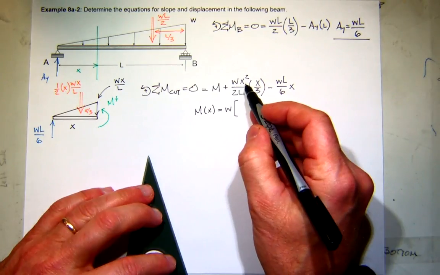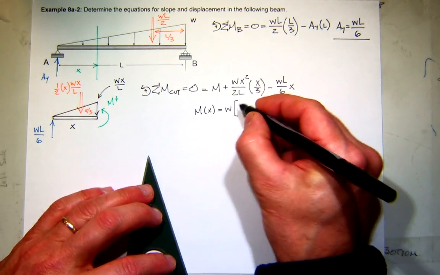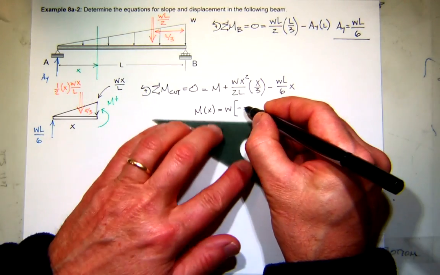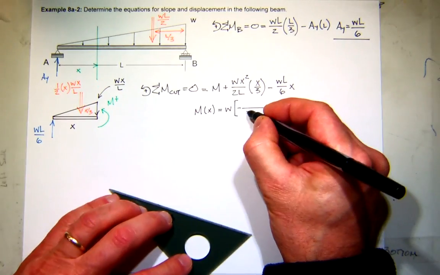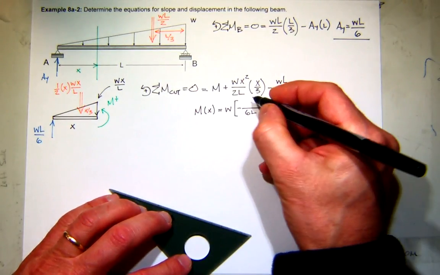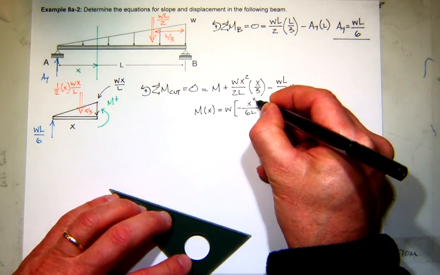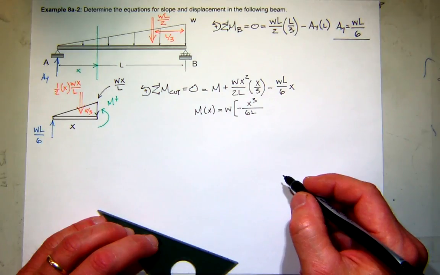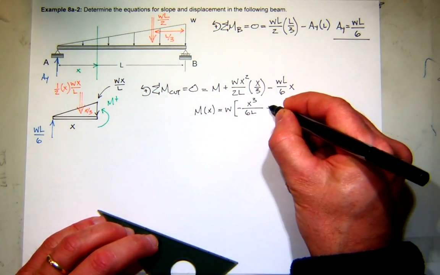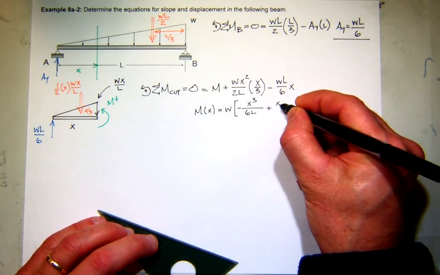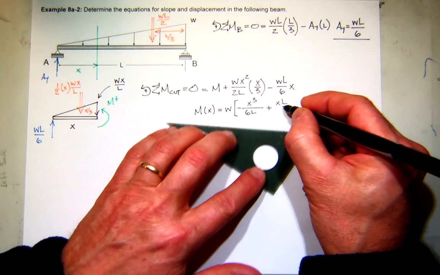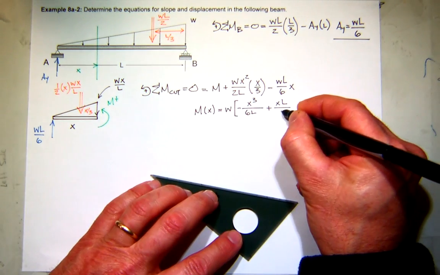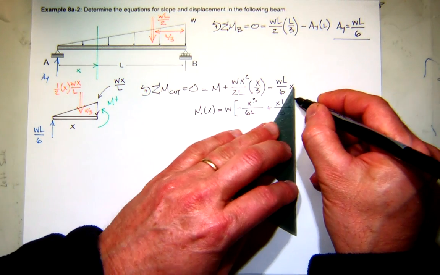So the first one will be x cubed over 6L. Did I do that right? Looks right. And then this will just be XL over 6. Well, that's convenient.